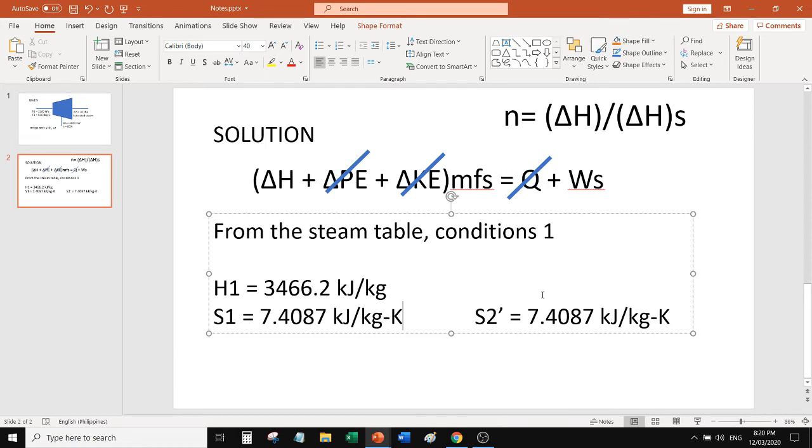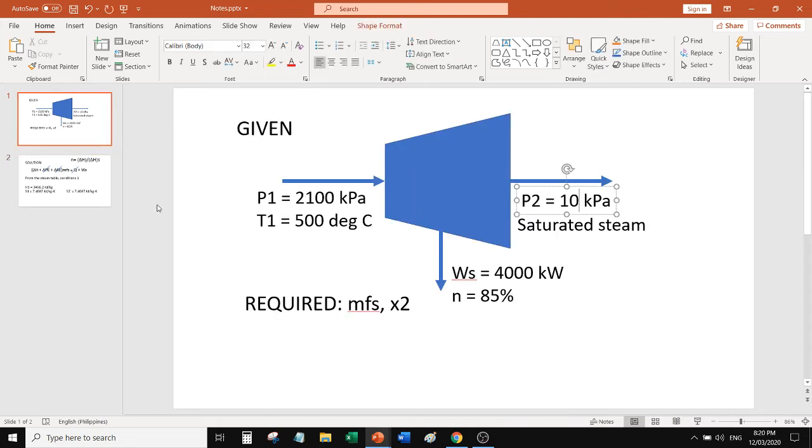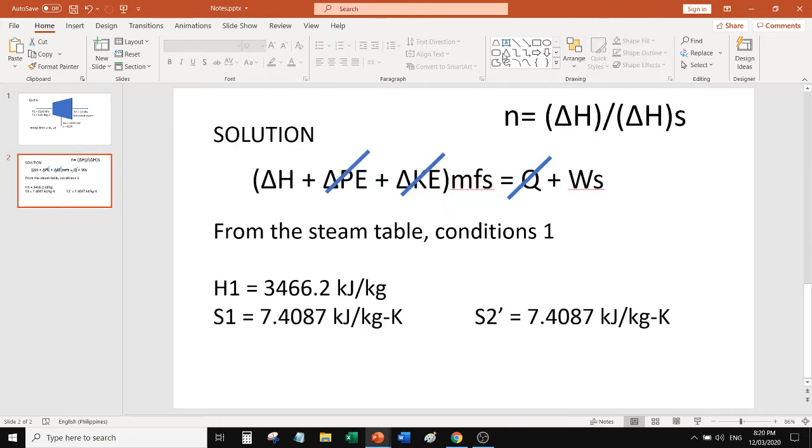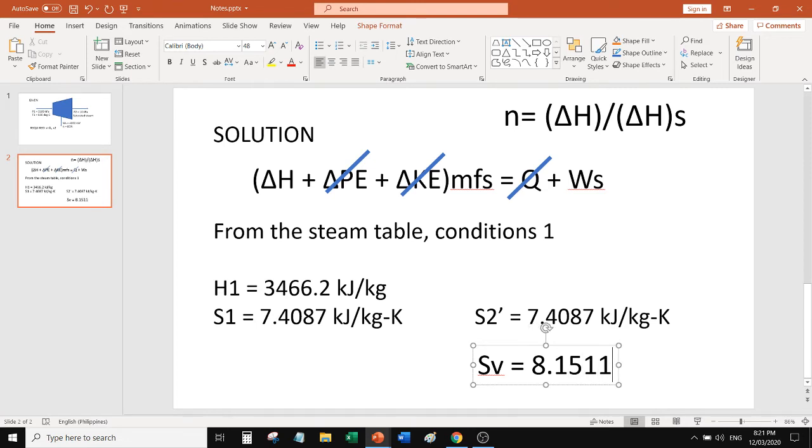Okay. So, from the steam table, sa conditions na 10 kilopascals, dito sa conditions 2, paglabas, meron siyang saturated vapor entropy equal to 8.1511 kilojoules per kilogram Kelvin. Hindi ko nalalagay yung unit, basta yun.